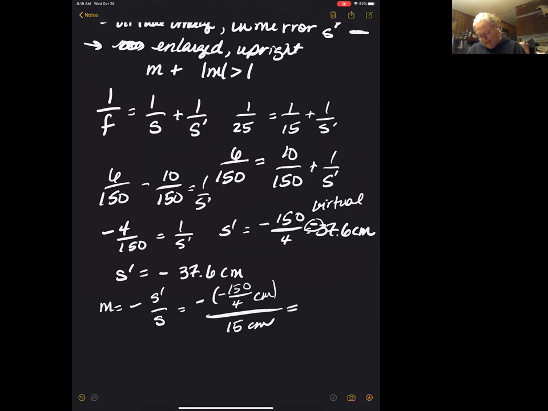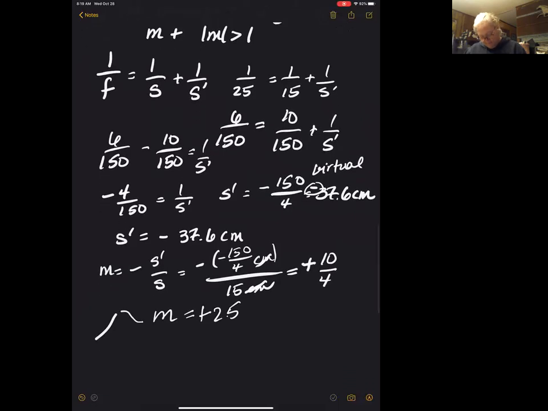So if I work that out, I get a positive 10 over 4. The centimeters cancel. So I get the magnification is positive 2.5.